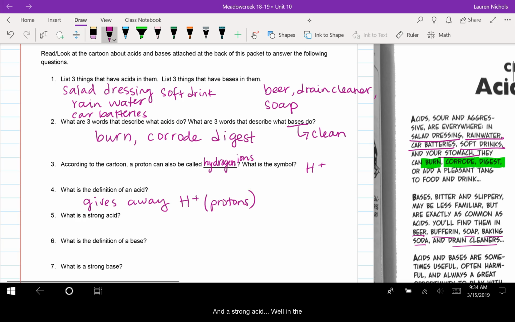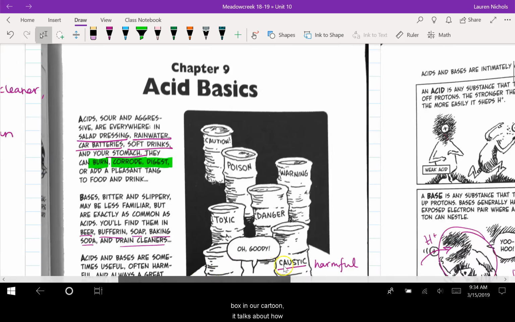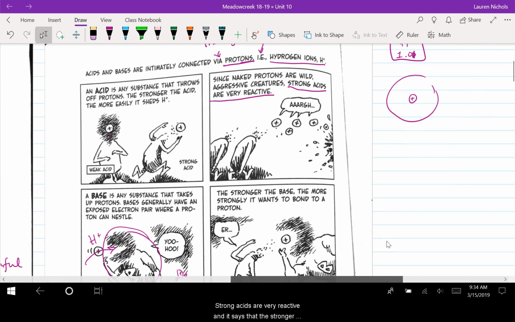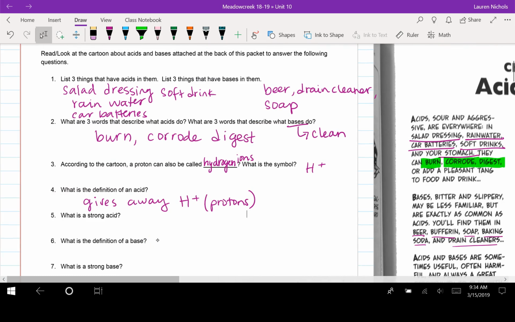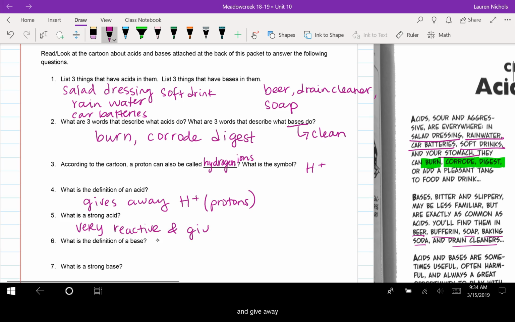And a strong acid, well, in the box in our cartoon, it talked about how strong acids are very reactive, and it says that the stronger the acid, the more easily it sheds H plus. So that means strong acids are very reactive and give away protons easily.